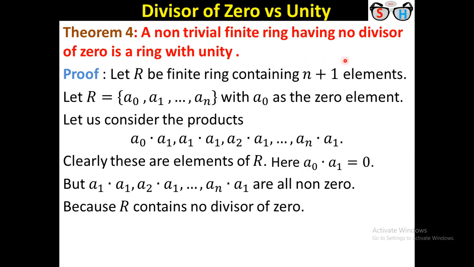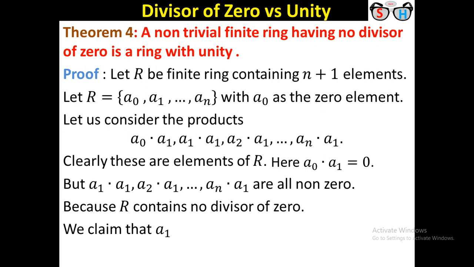Since R contains no divisor of 0, the multiplication of two non-zero elements must be non-zero. Here a1 and a1 are non-zero, so this product must be non-zero. a2 and a1 are non-zero, so that product must be non-zero. an and a1 are non-zero, so the product must be non-zero. This happens because R contains no divisor of 0.